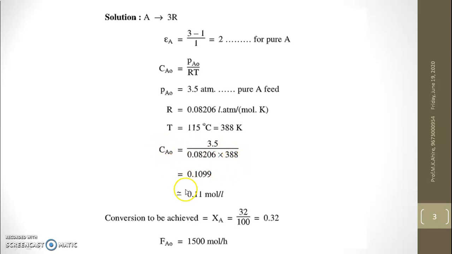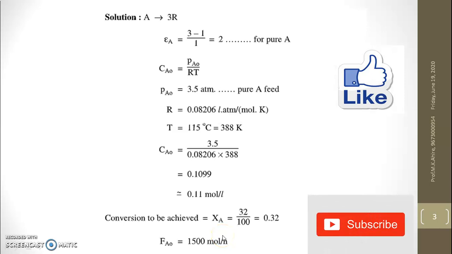What value do we get? CA0 will be nearly 0.11 mole per liter. Now we want 32% conversion, so the fractional conversion will be 0.32. Your FA0 value given is 1500 mole per hour. These are basic calculations.